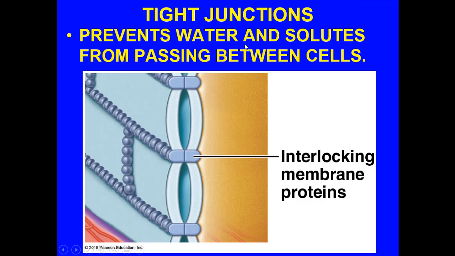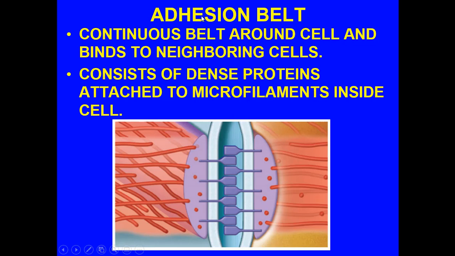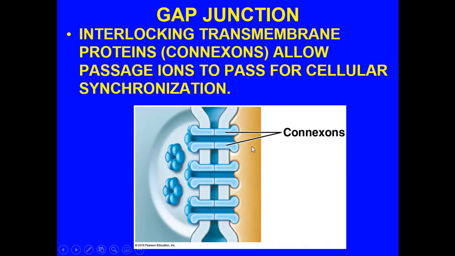And just to expand upon this, tight junctions, they prevent water and solutes from passing between the cells. You can see where the interlocking membranes are, the proteins. The adhesion belt is a continuous belt around the cell and binds the neighboring cells. This consists of dense proteins attached to the microfilaments inside the cell, as you can see here. Connexins, this is the interlocking transmembrane proteins.